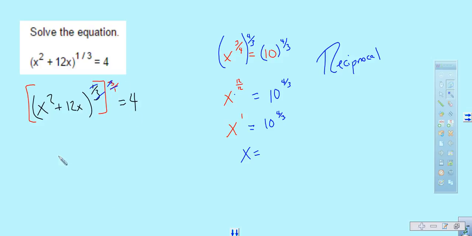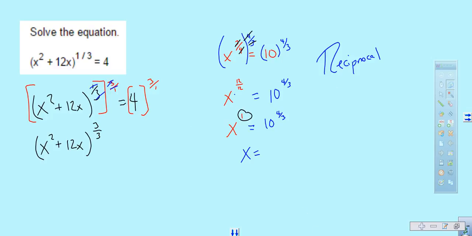Or you could write it out: you end up getting x squared plus 12x, and if you want to see it, it would be 3/3. But you can also just cancel it. Just like over here, we had a 4 on the bottom and a 4 on top, and a 3 on top and a 3 on the bottom, and they cancel and turn into a 1. So that's just shortcutting it. Whatever I do to one side, I have to do to the other.